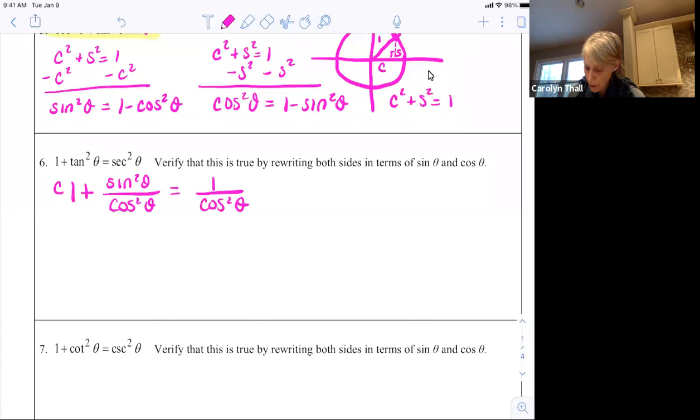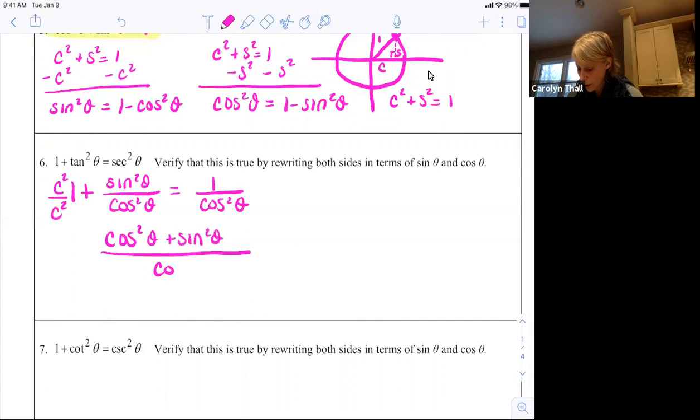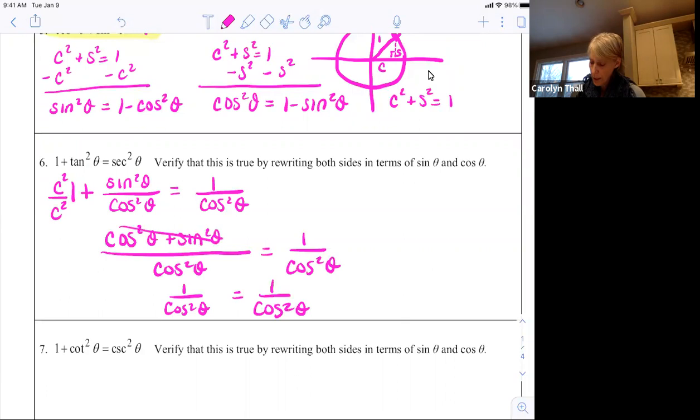So I'm going to multiply cosine over cosine. Cosine squared theta plus sine squared theta over cosine squared theta. And I know that cosine squared theta plus sine squared theta equals 1. And so I made them match.